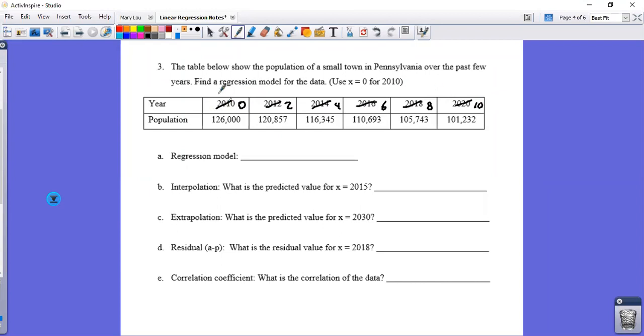So always base it off of the first. And if you're not sure, you can subtract them. 2020 minus 2010, 10. All right, so we're going to plug that data into Desmos. And what that does is keeps you from getting huge numbers in your regression model.